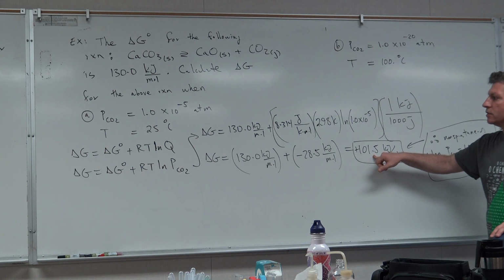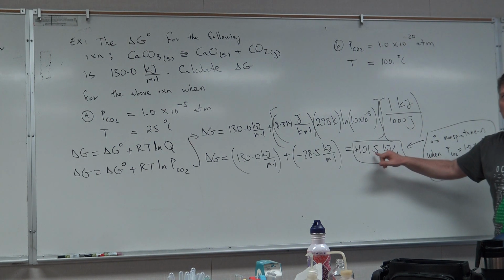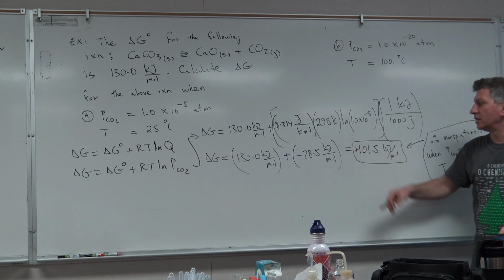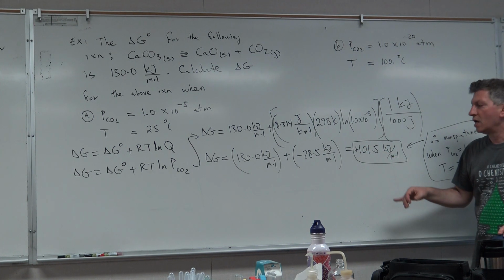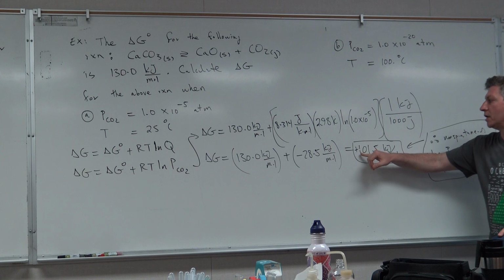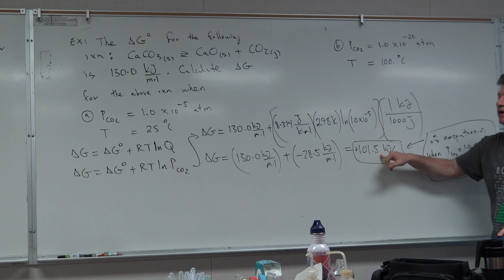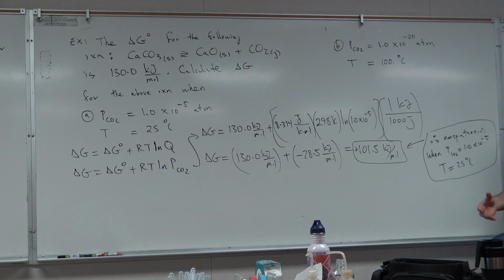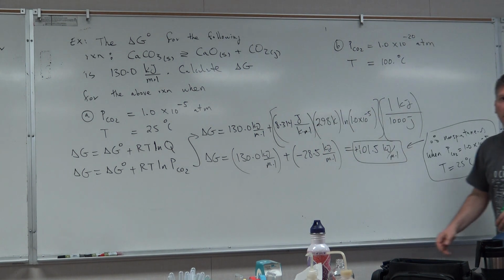It's 101.5. So that means that it's still non-spontaneous under these conditions, but not as much as before. So under these conditions, if you wanted to make it spontaneous, we would have to put in only 101.5 kilojoules per mole of work minimum, rather than 130, which was previous.